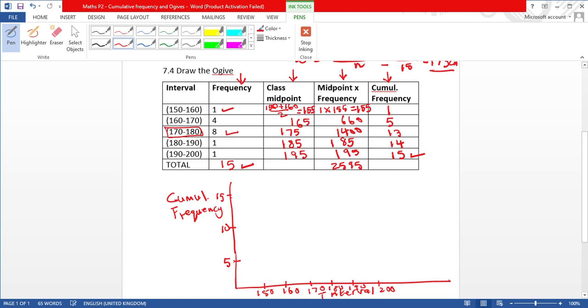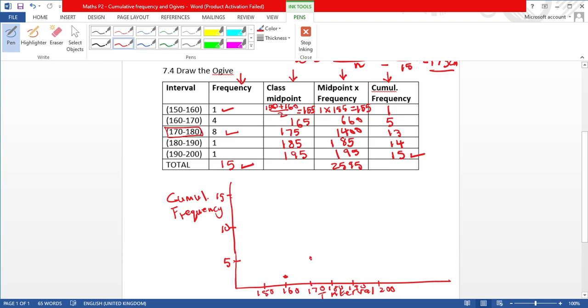So between 150 and 160, we have a 1. Between 150 and 160, you must just choose the highest value. You must choose 160, where you're going to plot your values against your interval. So here is going to be a 1, and then on the next interval, 160 and 170, we have a 5. So a 5 is about here.